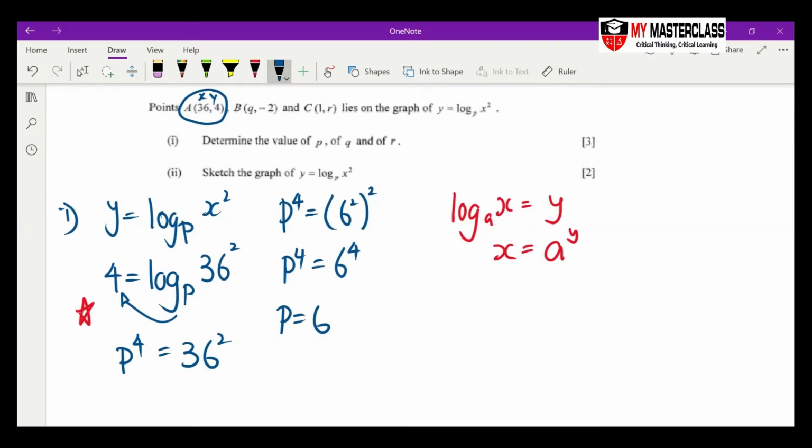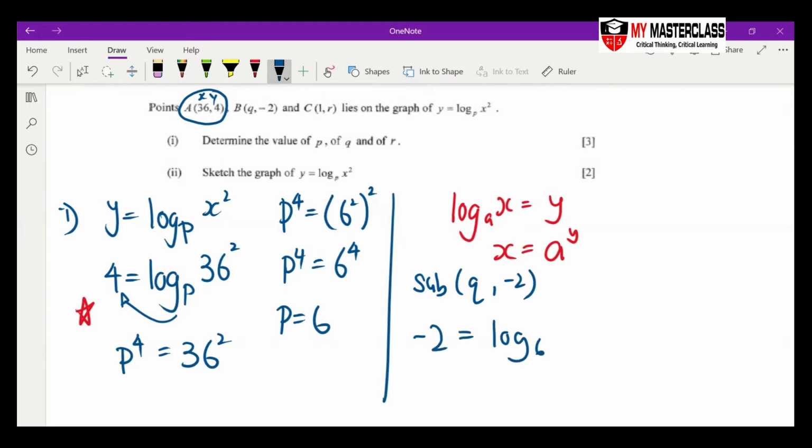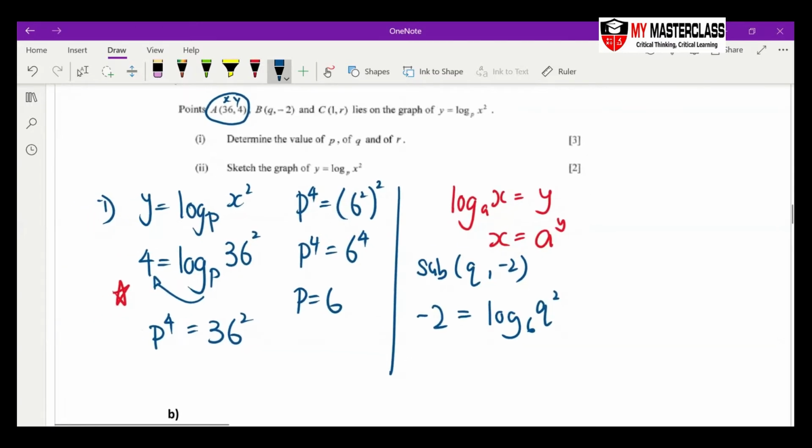So that's part 1. Once I have my p ready, next I sub in q comma negative 2. All these are the rules of logarithm that you need to know. Negative 2, which is my y, equals log base 6, since p is 6 already, of q squared.